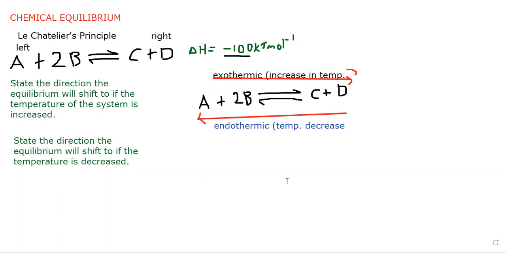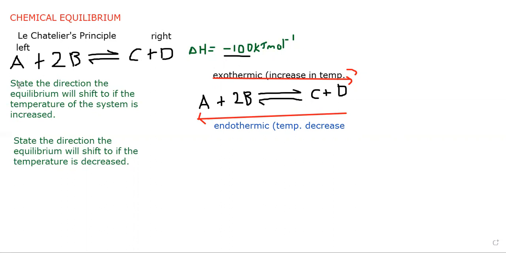So what you need to know is that whenever you interfere with the system by changing the temperature, the system is going to counteract it by shifting either to the left or to the right. It will shift to the right if it needs to increase the temperature, and the equilibrium will shift to the left if the counteraction is to decrease the temperature.